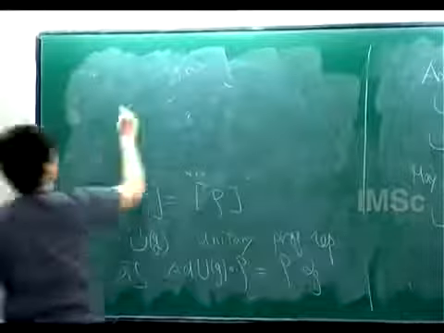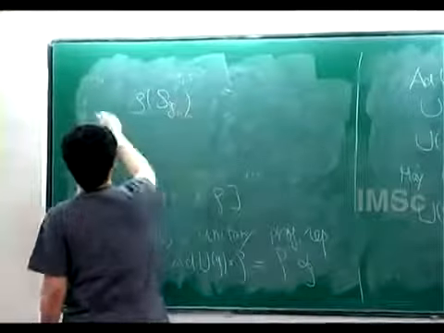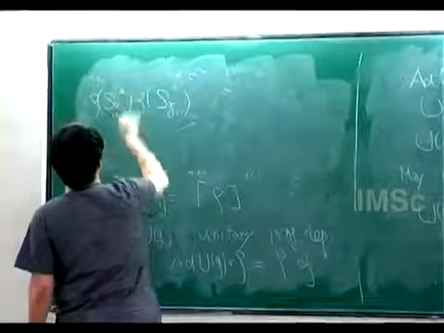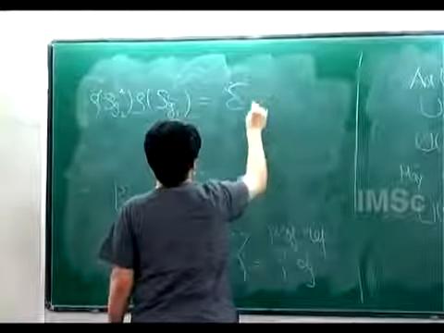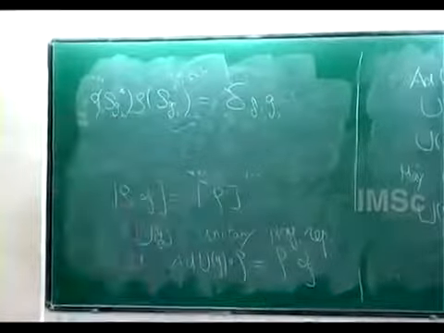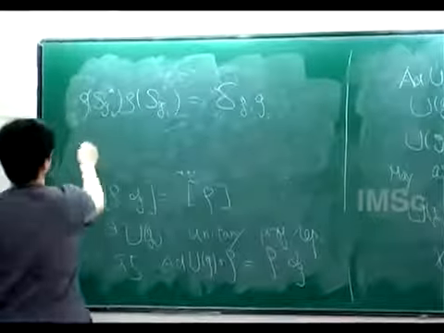And since rho is a homomorphism, rho should preserve the orthogonality relation. So this orthogonality implies that this character is non-degenerate. It's an easy computation.